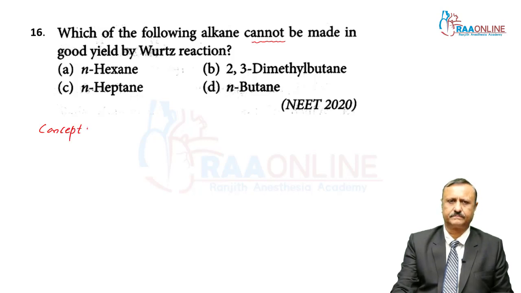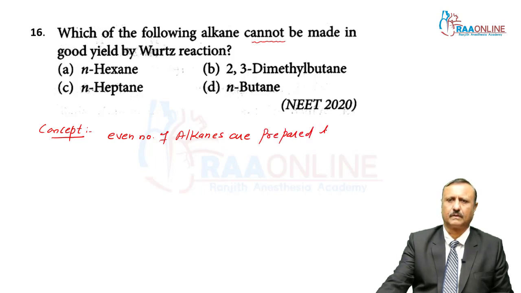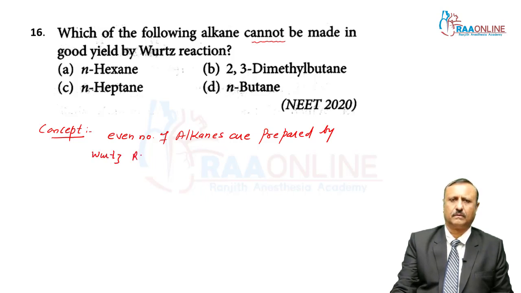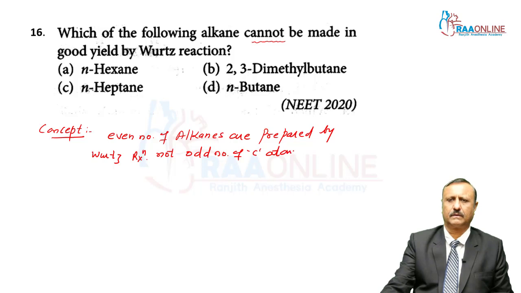You can see here, the concept is that even number of alkanes are prepared by Wood's reaction, not odd numbers of carbon atoms.